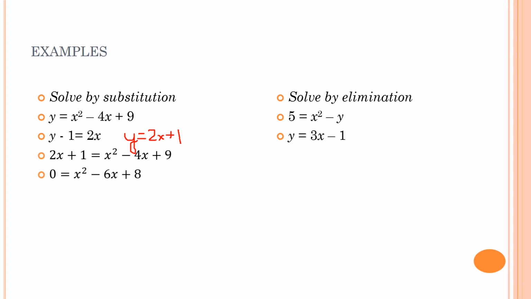Then I can set them equal to each other and subtract 2x and subtract 1. And I get 0 equal to x squared minus 6x plus 8. I'll then factor.